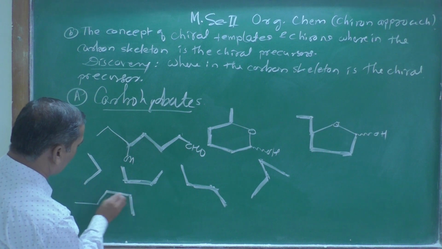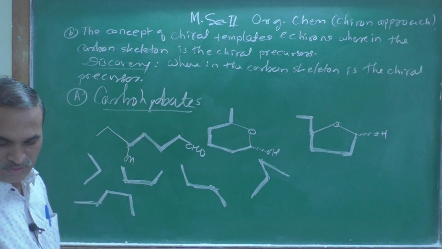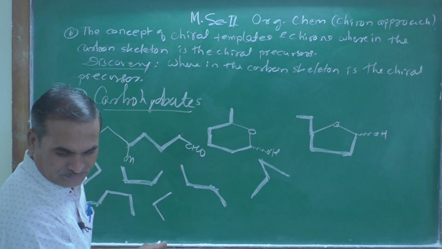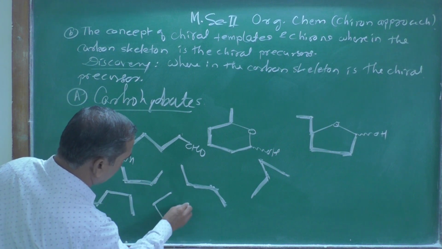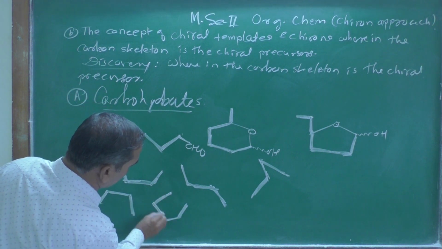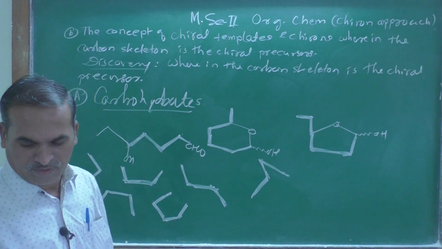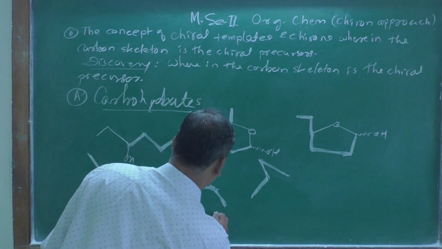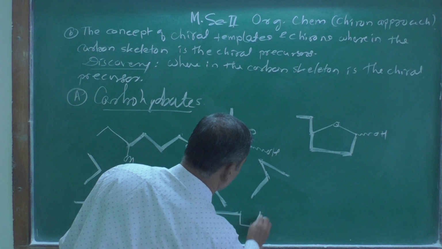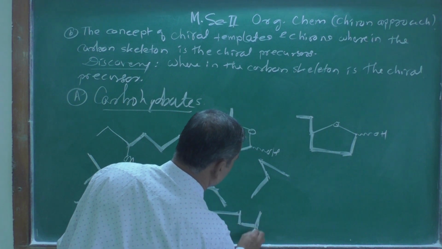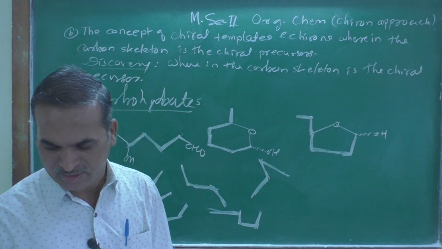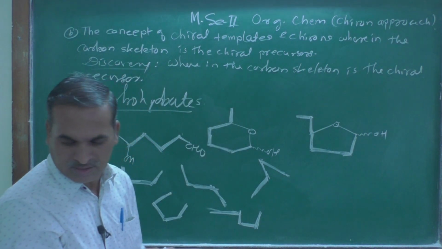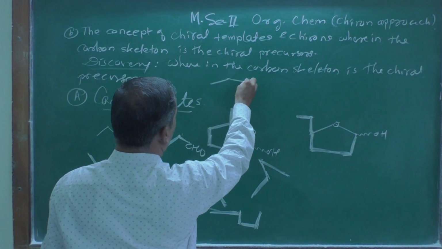These are the structures you will find somewhere, and this type of segment or carbon framework you may find in the target molecule somewhere like this, or this type of structure or segment you will find in the compound, or maybe some of the structures I am drawing above here.